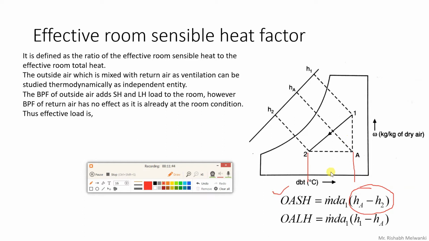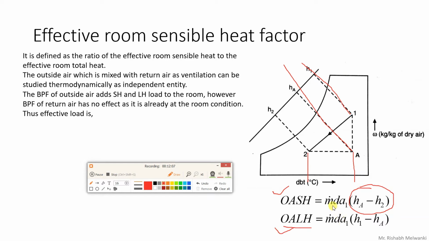Then when you consider outside air latent heat, what is the equation? Mass flow rate of dry air at point 1 into (H1 minus HA). Why H1 minus HA? Because the dry bulb temperature of point 1 and point A is equal, and we are calculating outside air latent heat. So this is the equation.